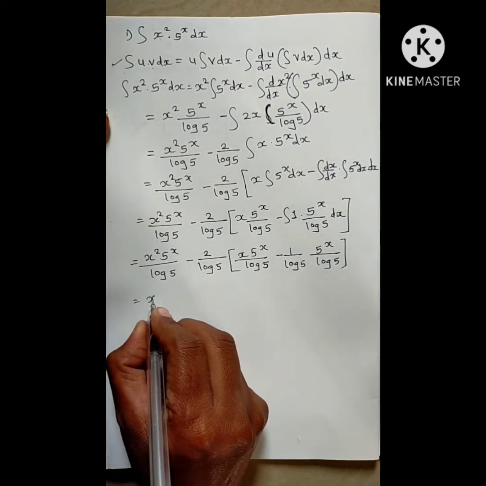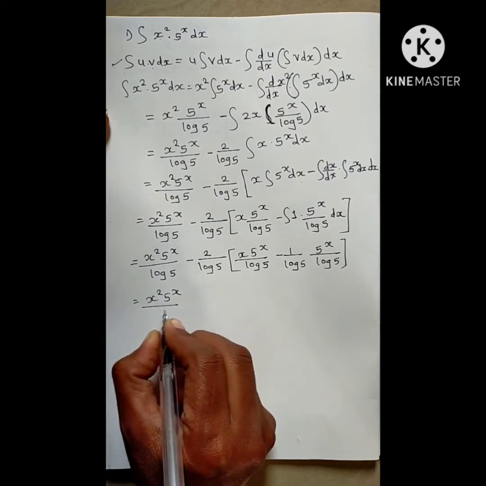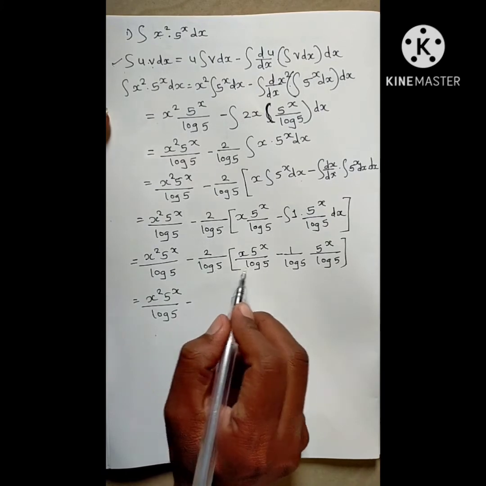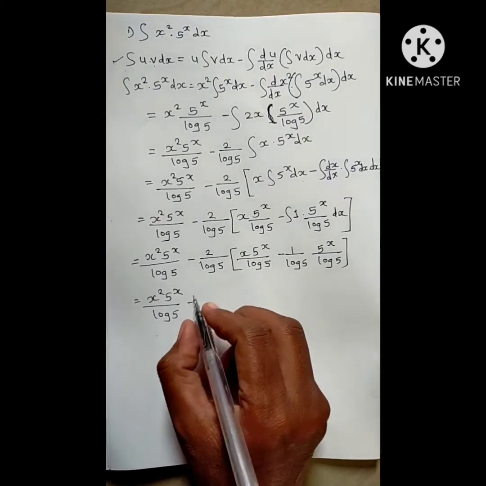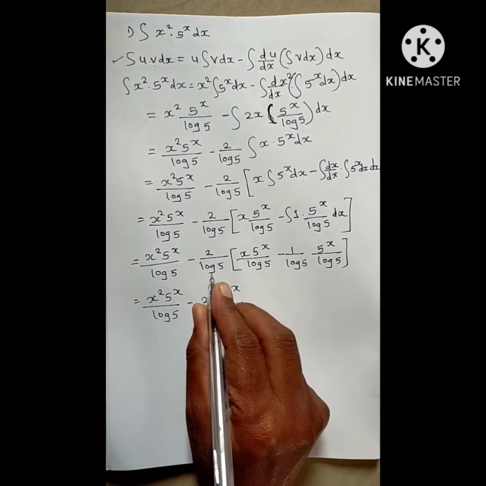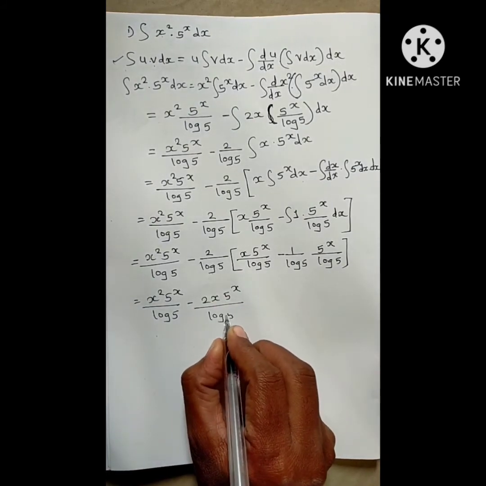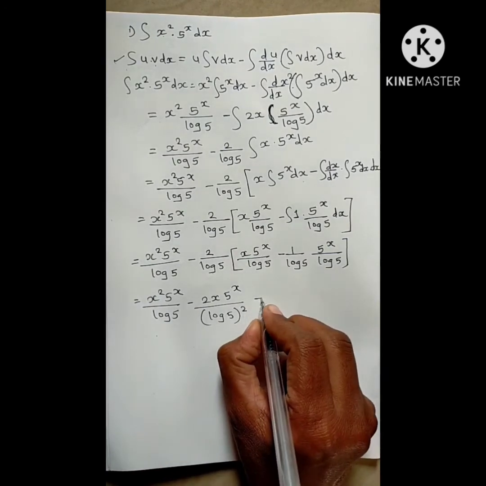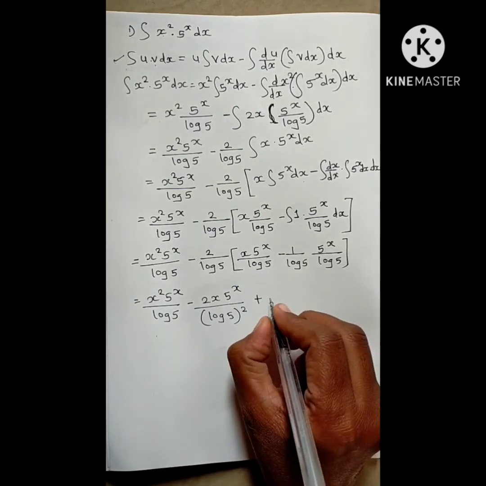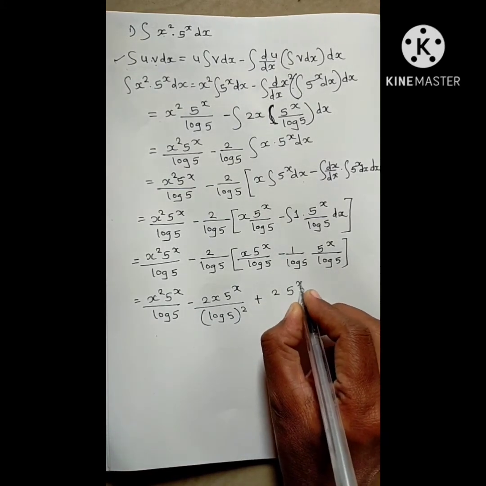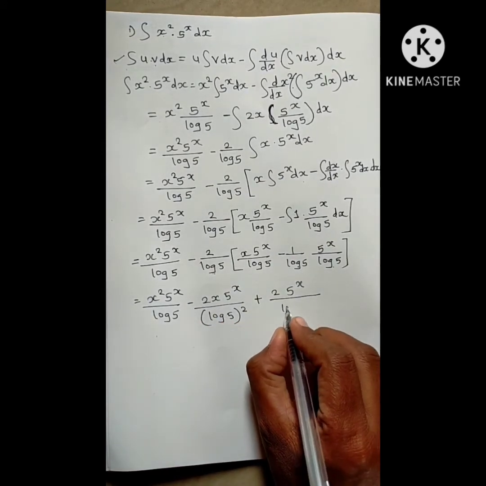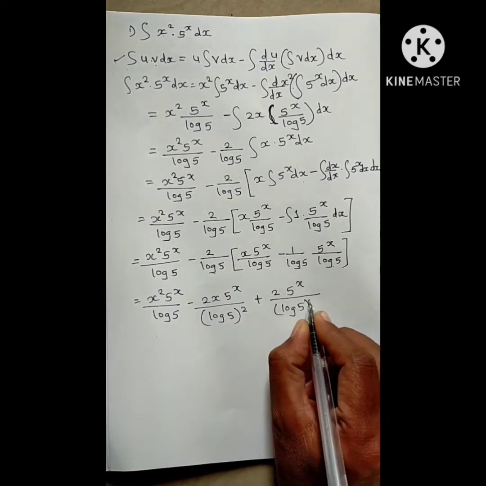Now x square 5 raised to x by log of 5 minus, multiplying this term inside the bracket, we get 2x 5 raised to x by log 5 into log 5, which is log 5 square, minus, now this minus becomes plus, 2 into 5 raised to x divided by log 5 into log 5 into log 5, that is log 5 cube.